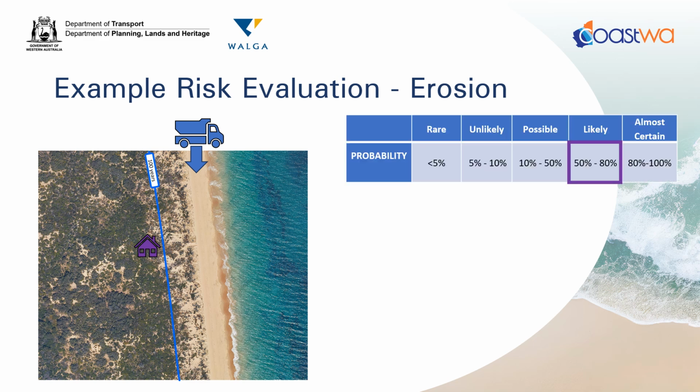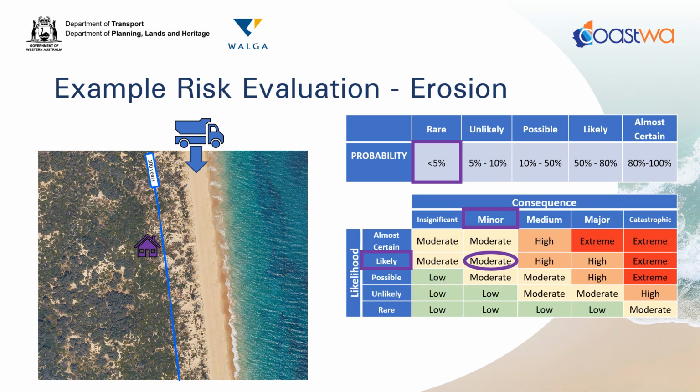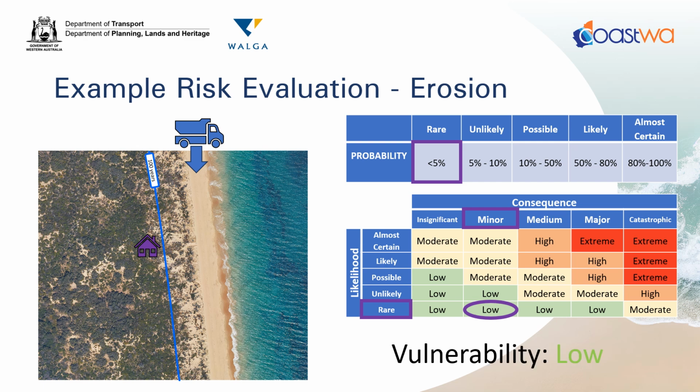And rather than being in the likely category, we might now be down in the rare category. So if we follow that through, we were sitting at likely as a likelihood, minor as a consequence, and moderate as a risk. Well, now we sit down at a rare likelihood and a low overall risk. And as a result, if we follow it through to our vulnerability scale, the vulnerability would also be low.